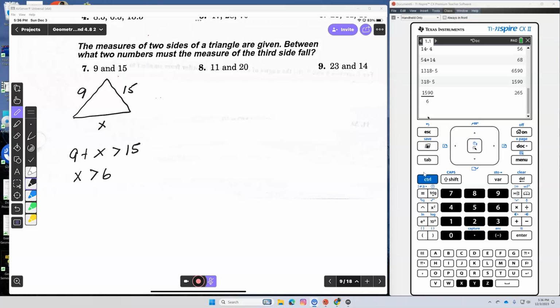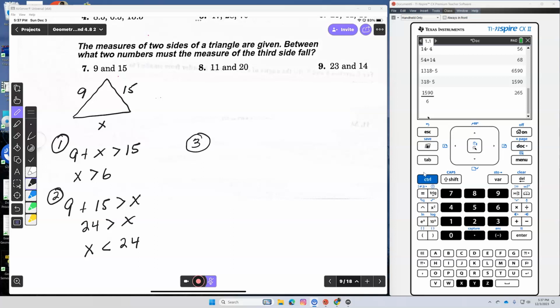Suppose that 9 and 15 are the two shorter sides, and x is the longest side. So we have 9 plus 15, which gives you 24. If I change this around, the side would have to be less than 24. So that's the first situation, here's the second situation, and now I'm going to tell you the third situation.